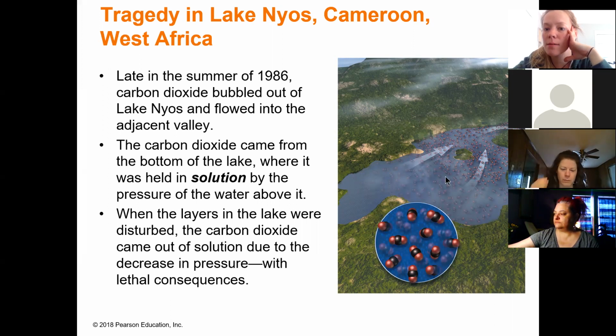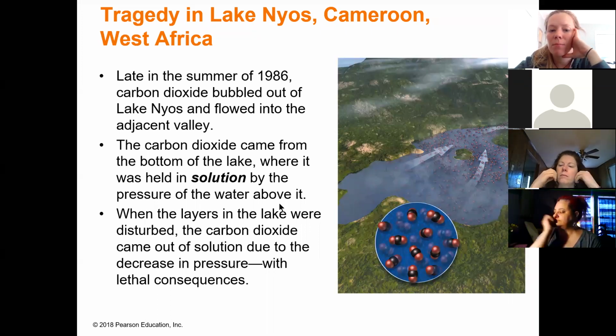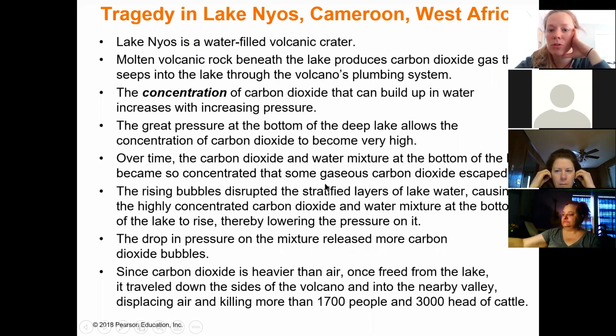The water column sitting above that gas kept the gas in solution. It created a pressurized situation, kind of like when you have a can of pop and it's closed, there's a pressurized head that keeps all the little dissolved bubbles in the solution. So this lake had a bunch of dissolved CO2 in it. At some point, the pressure became so great and the lake got disturbed that the CO2 came out of solution.